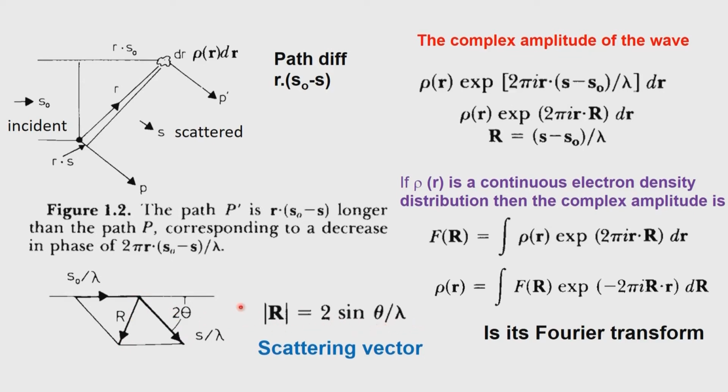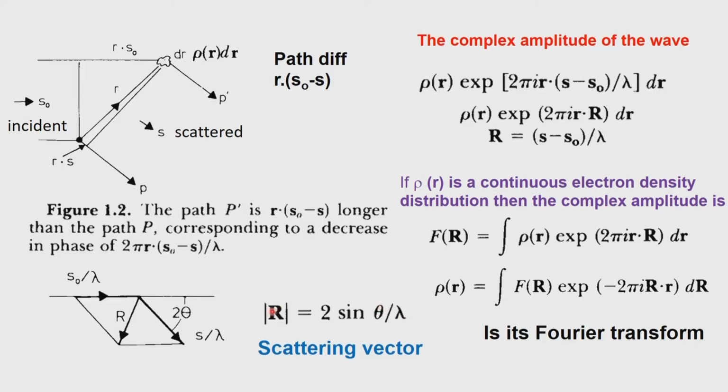So, the actual value of r depends upon this so called scattering angle. The value of r also depends upon the value of lambda. So, for a given lambda, the value of the scattering vector depends upon the value of theta.